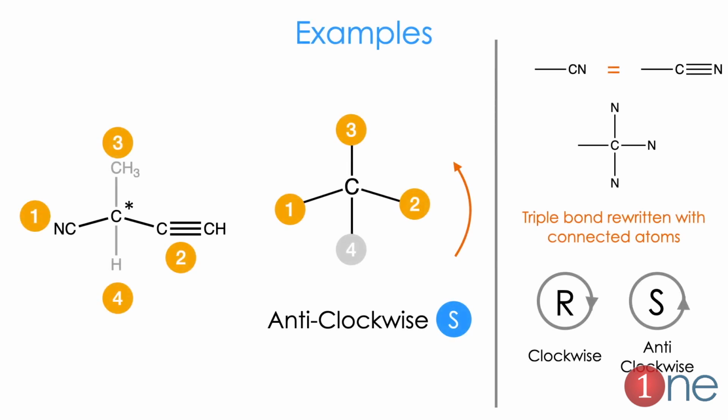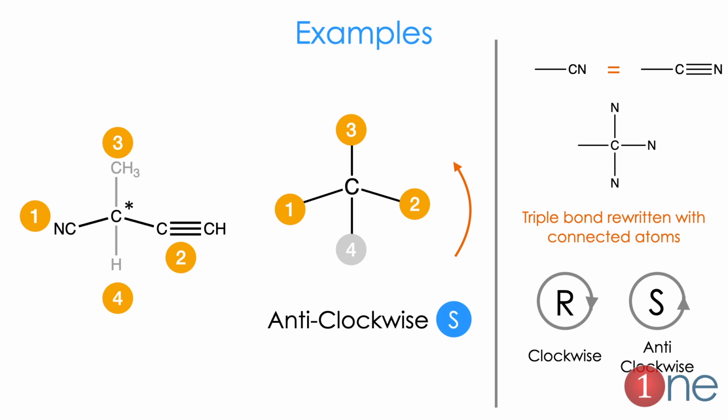Then the interesting example, where normally people make mistakes. The chiral carbon is attached with methyl and hydrogen and cyanide and a carbon-carbon triple bond. So what is the catch here? Here cyanide you can easily mistake as a simple thing, but really the cyanide is C triple bond N. If you rewrite it again, carbon is attached with 3 nitrogens.